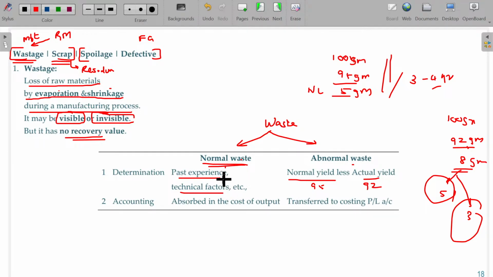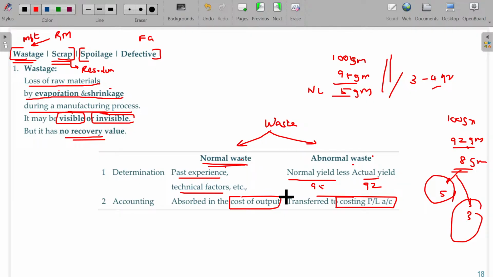In case of normal waste, it can be recovered from the customer, added to the cost of the output. In case of abnormal waste, you cannot recover it from the customer's account. You have to pay it yourself from your pocket. What goes from your pocket because of the operation? Net profit. It is charged to the net profit account, so automatically net profit will decrease, which ultimately means your money is decreasing. So it should be debited to the costing P&L account. Clear?